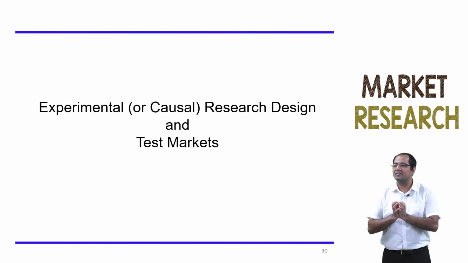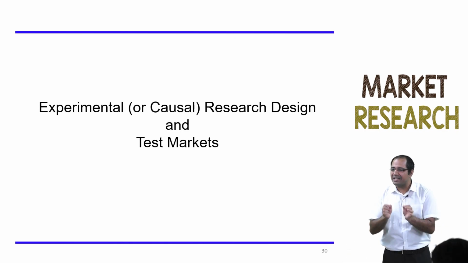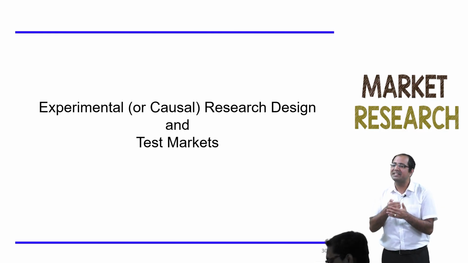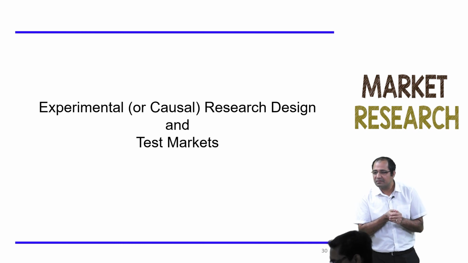Now, experimental research design or causal research design is going to be one of the major things that you would learn. It is very important because going forward you might have to do so many experiments day in, day out.